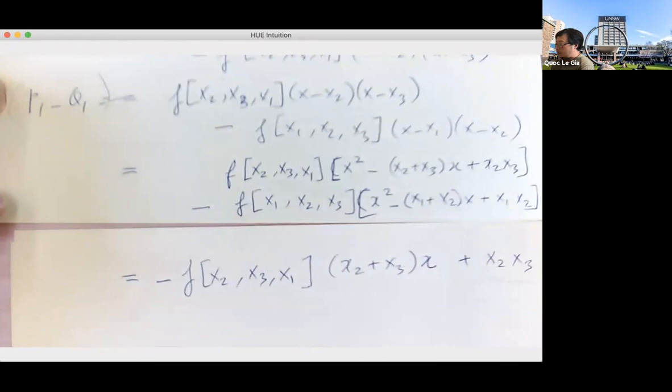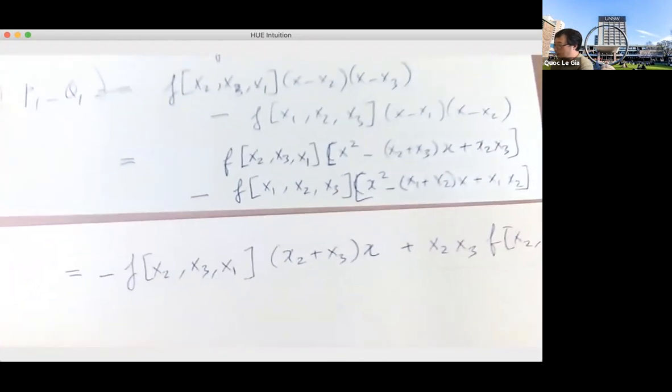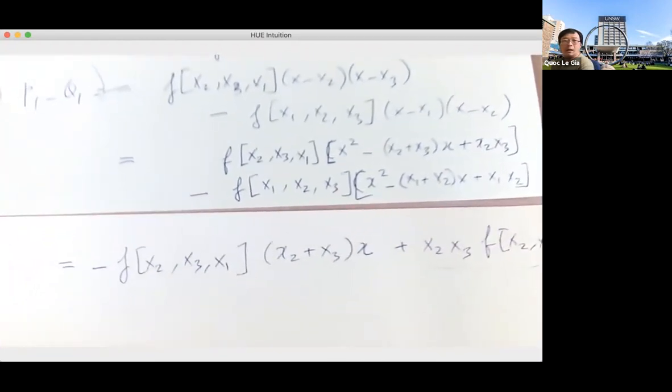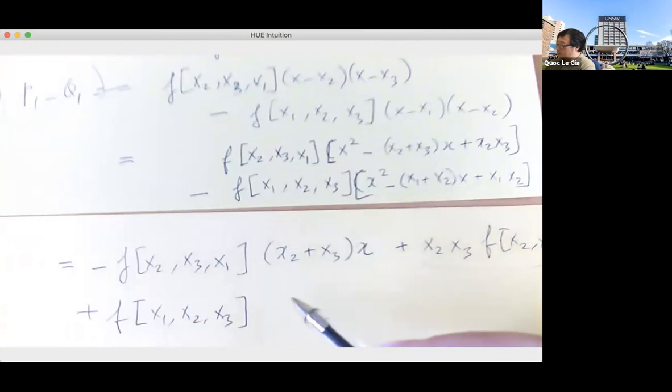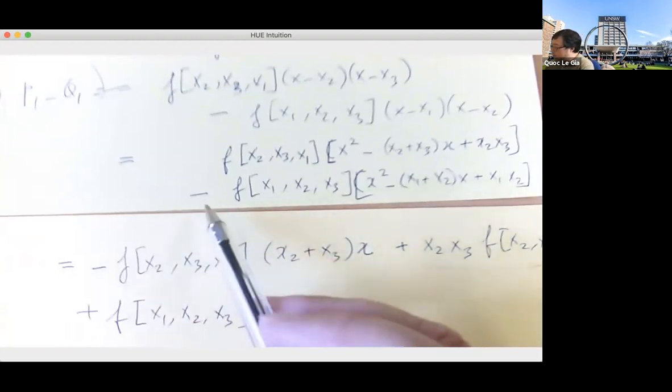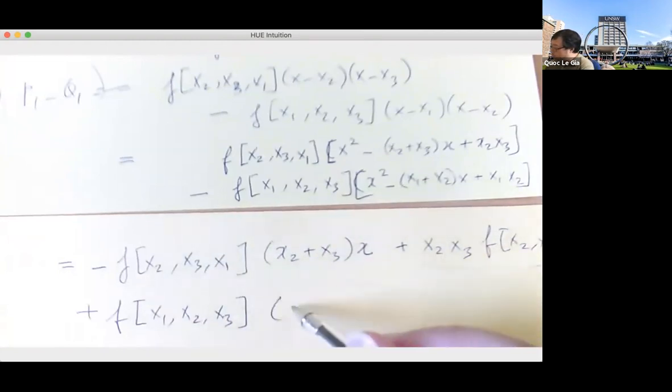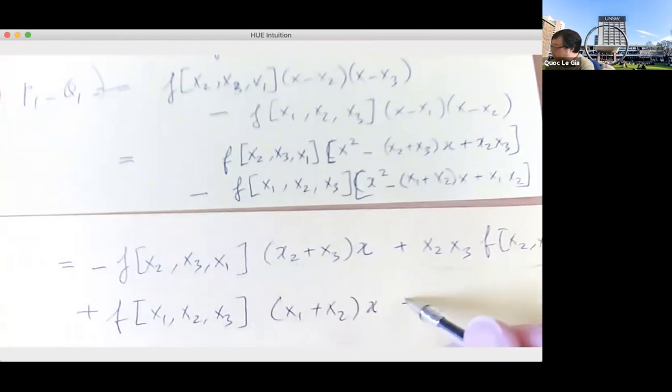And then what is the extra term? The next term will be plus f of x1, x2, x3. Remember the x squared got cancelled. So now I have x1 plus x2 times x, and plus some constant, so this is another constant: x1 x2 f of x1, x2, x3.